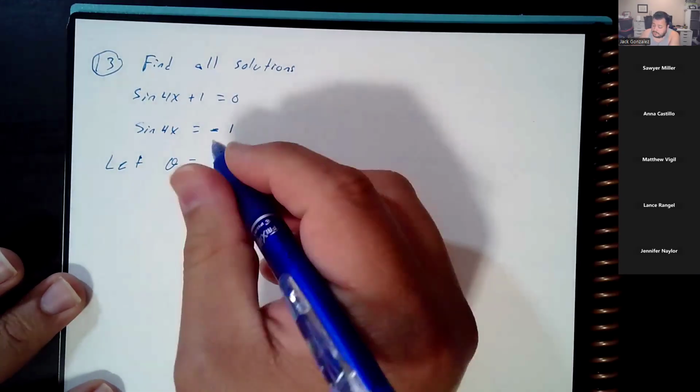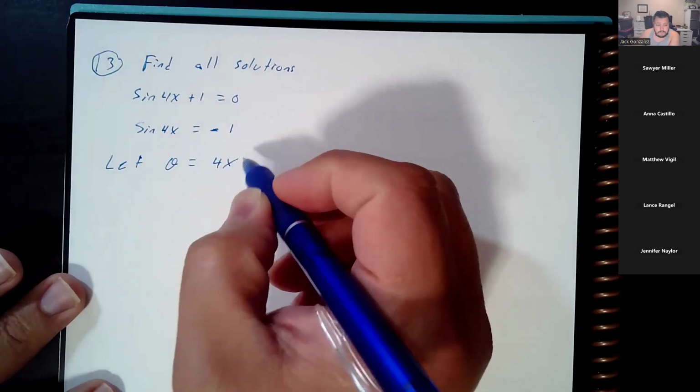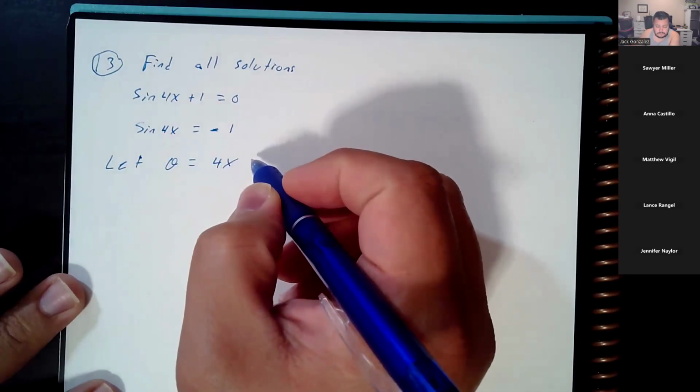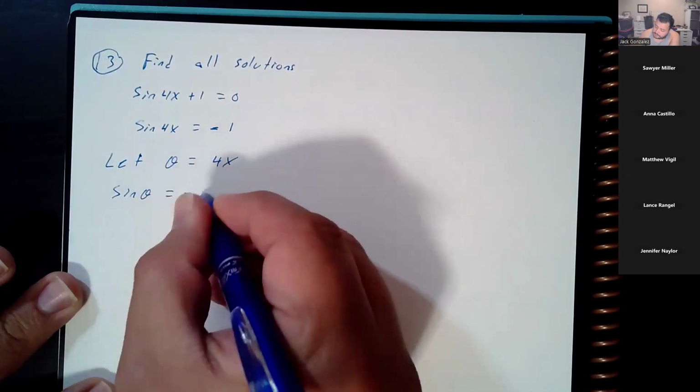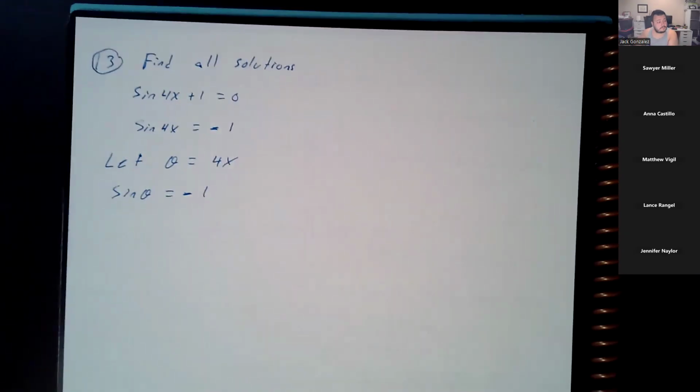When is sine theta going to equal -1? When does this happen? At 3 pi over 2?